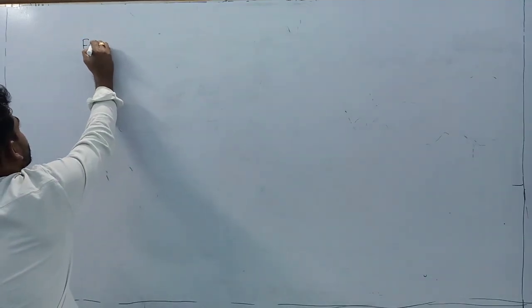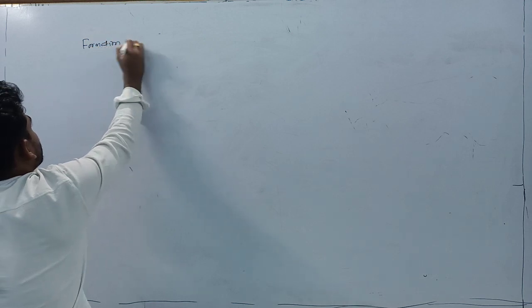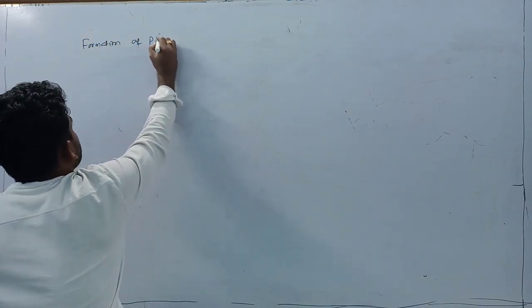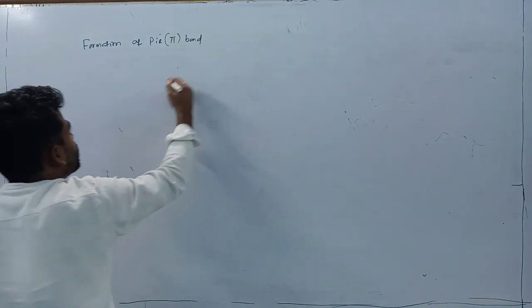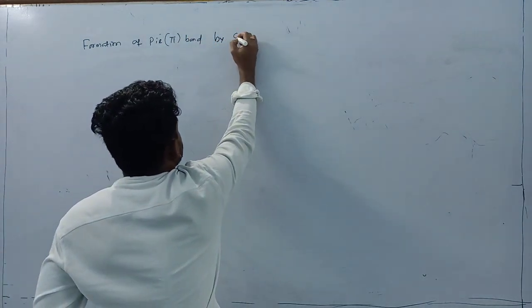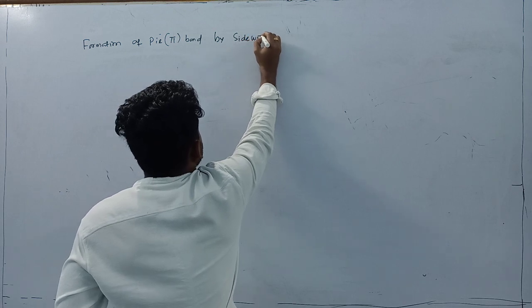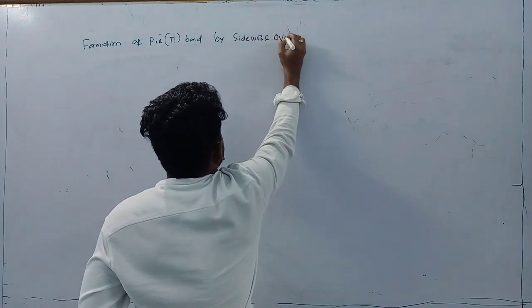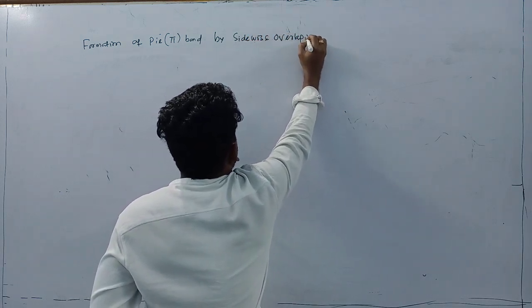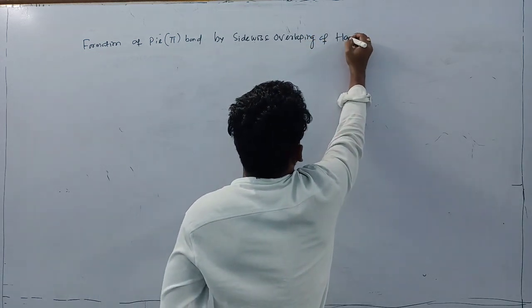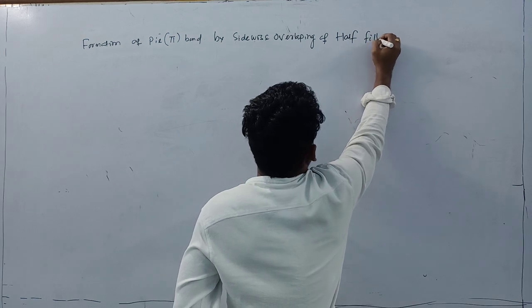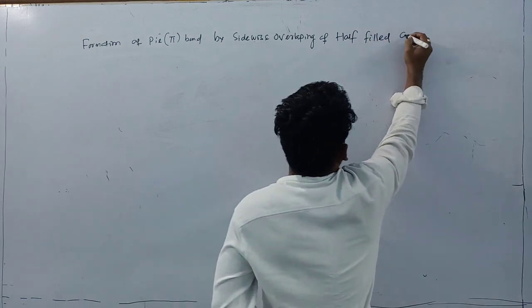You can write over here, formation of pi bond, by sidewise overlapping of half-filled atomic orbitals.